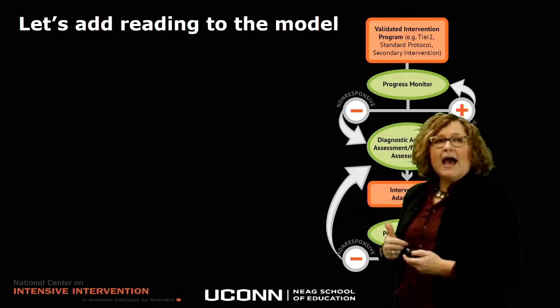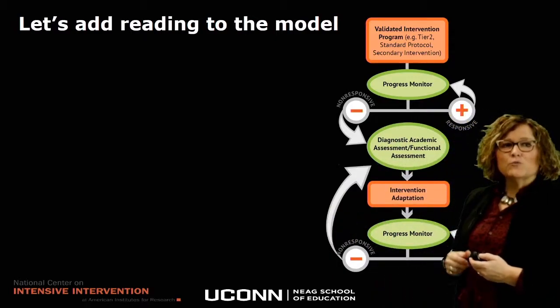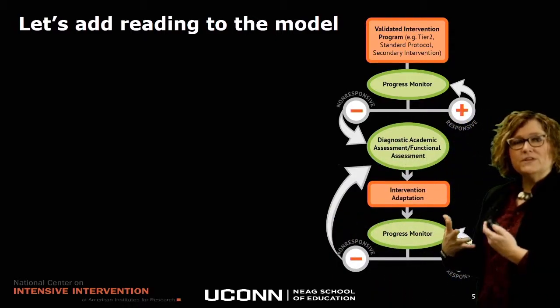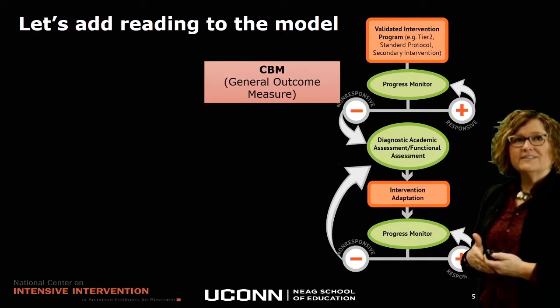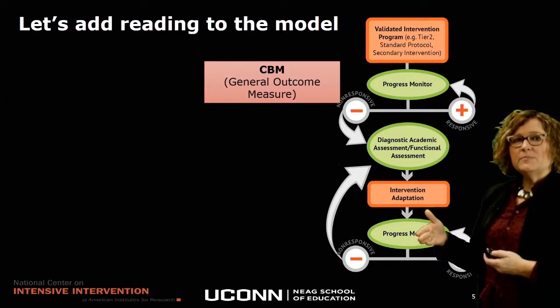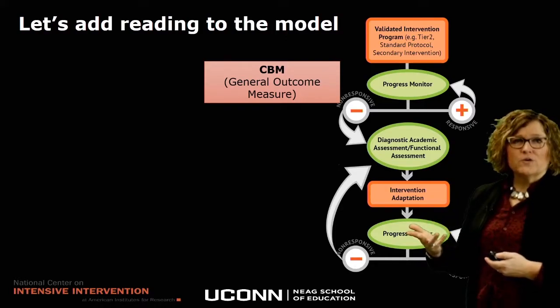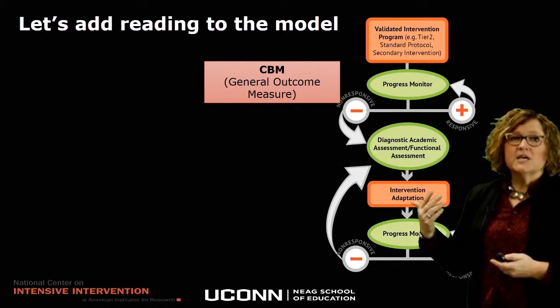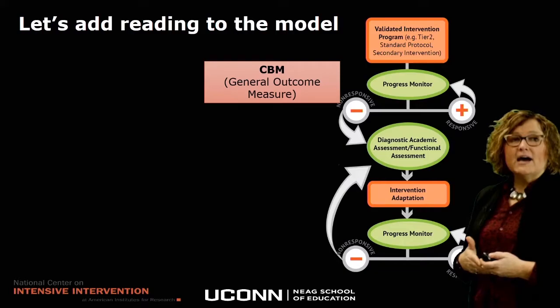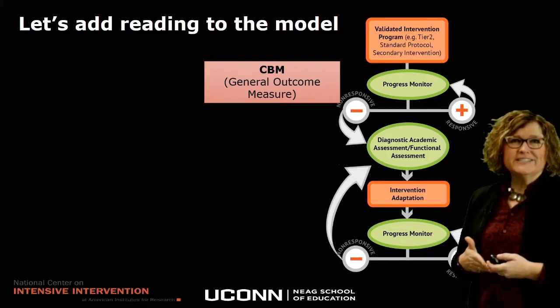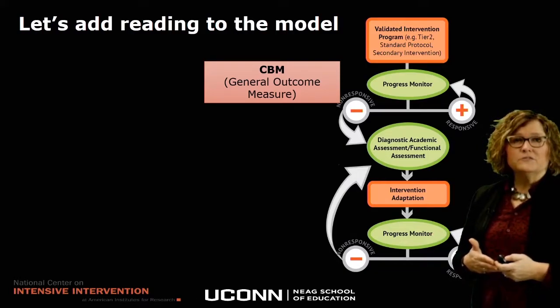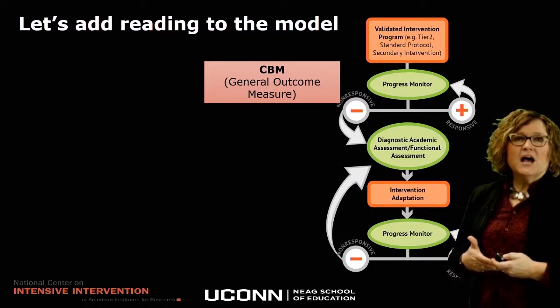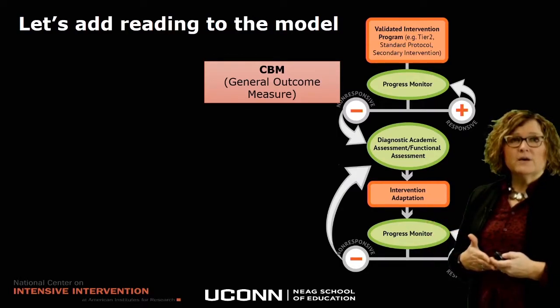Let's look at what happens when we add specific reading components in with this model and these assessments. So we know that CBMs, we often call those general outcome measures or GOMs. Sometimes we talk about those as measures of overall proficiency or indicators of reading proficiency. Those are long-term outcome measures.